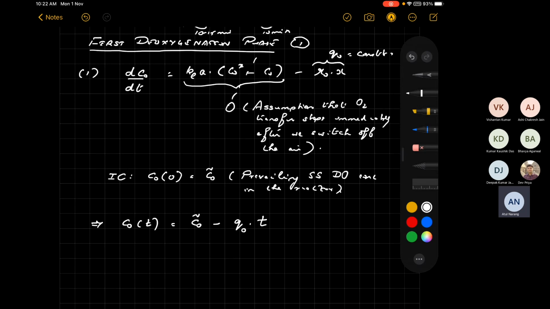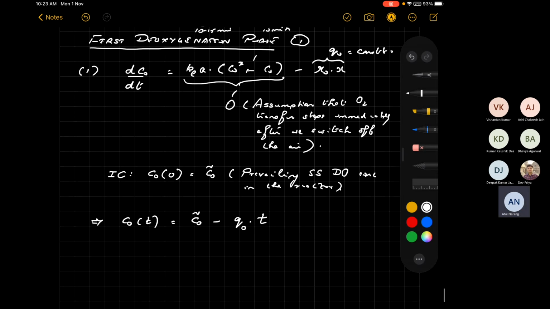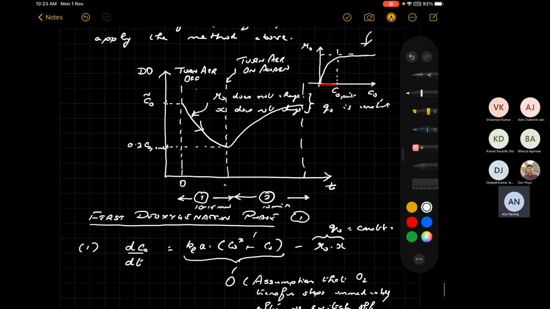Yeah, sorry, Q0. This is RO times X. So essentially, in this phase, the decline according to the model should be linear.